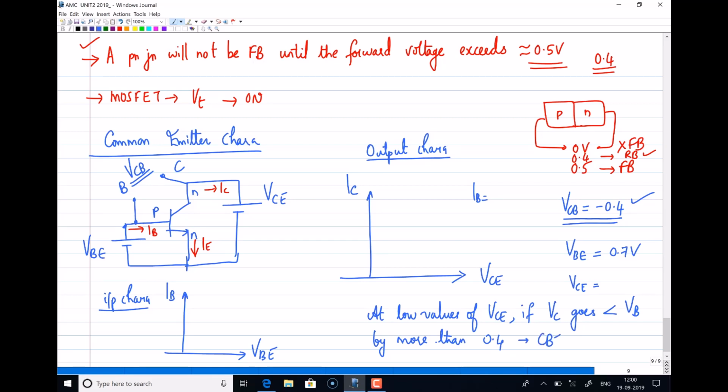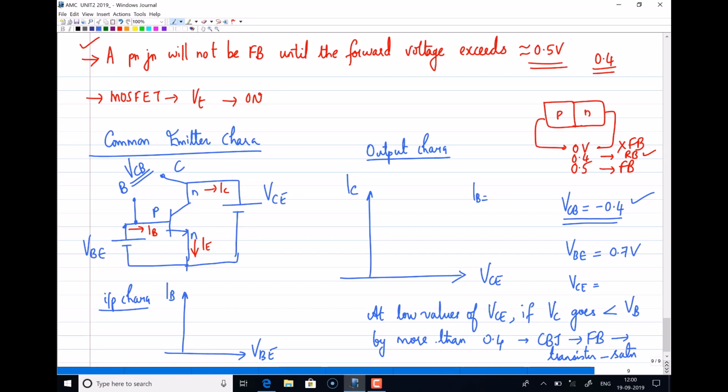If VC goes less than VB by 0.4, what will happen? The collector-base junction will become forward biased, and that leads to the transistor entering the saturation region, right?